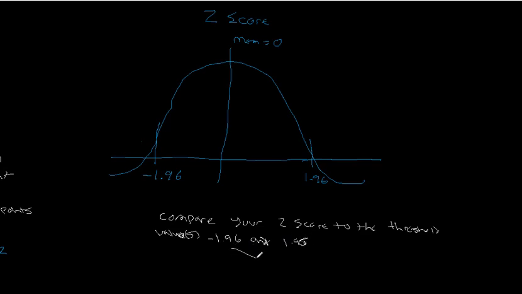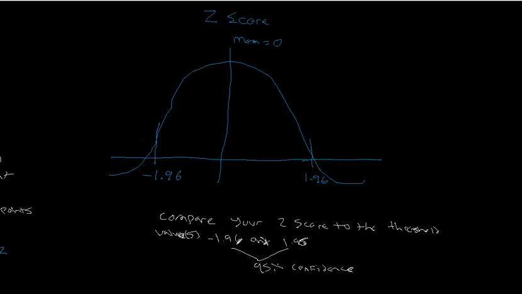Right? And these two values, these are 95% confidence. Right? There's a table of z values that you could use if you wanted a different confidence level, but at the 95% confidence level, which is what most applications call for, these are the two threshold values.